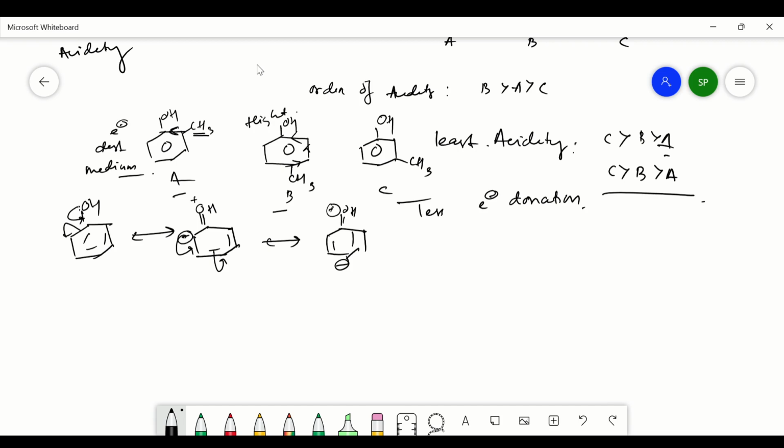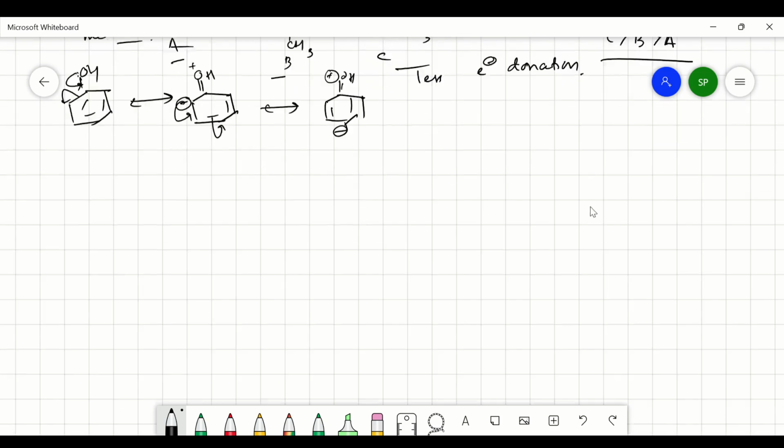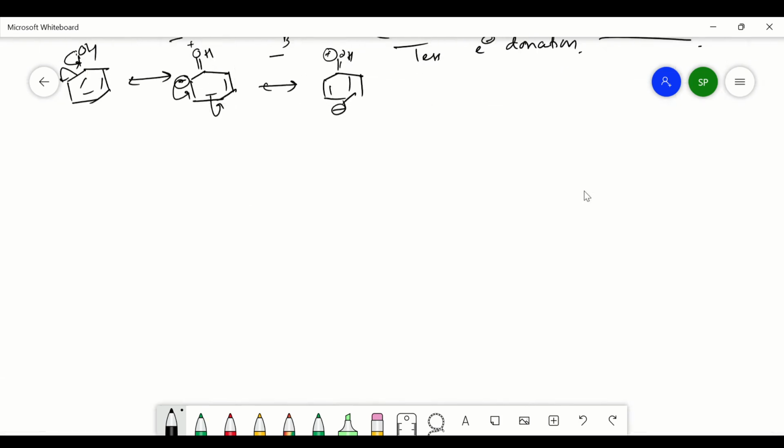Next in the reaction we will see the Fries rearrangement. Okay. The Fries rearrangement, this is a name reaction.